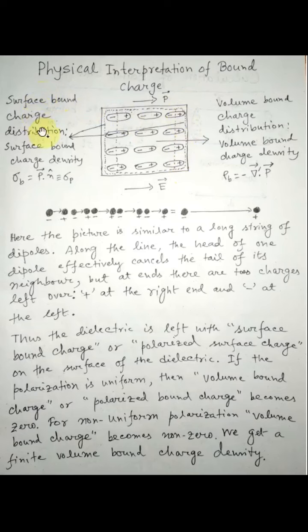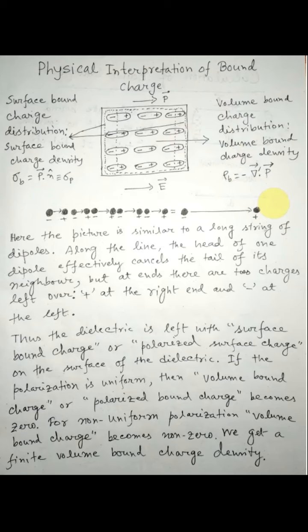So this is the surface bound charge distribution, and here the surface bound charge density will be of this form we have seen, right? And inside the dielectric the volume bound charge density is minus del prime dot p, or if you want to say, divergence p, that is also okay.